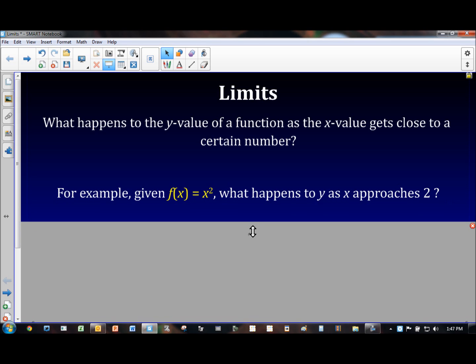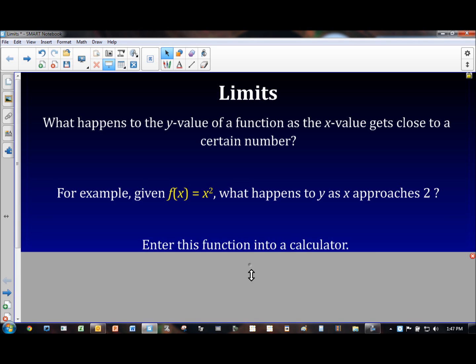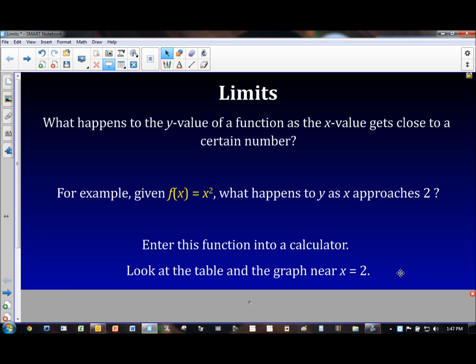Let's look at a very easy function, f of x equals x squared, and we're going to look at what happens to y as x approaches a value of 2. So what I want you to do is grab a calculator. If you don't already have one with you, then you'll be able to pause and grab a calculator. And once you have that calculator, type in the function f of x equals x squared, and have a look at the table and have a look at the graph near x equals 2.